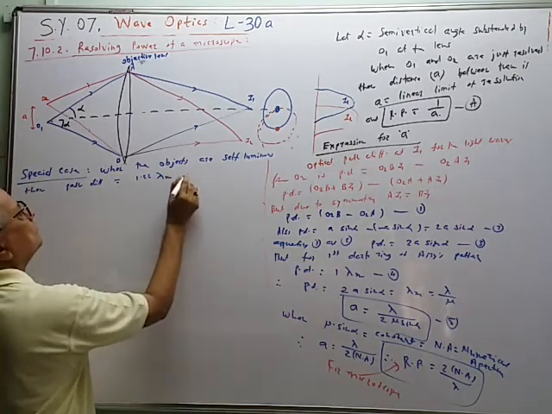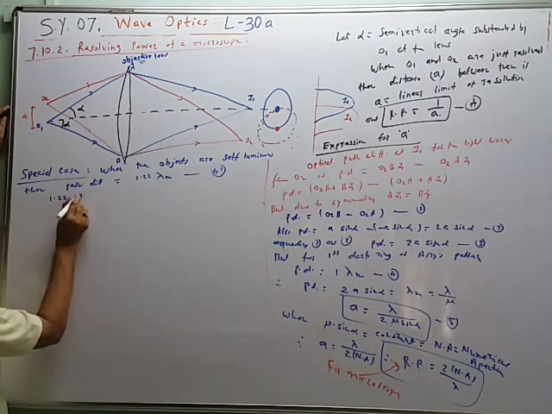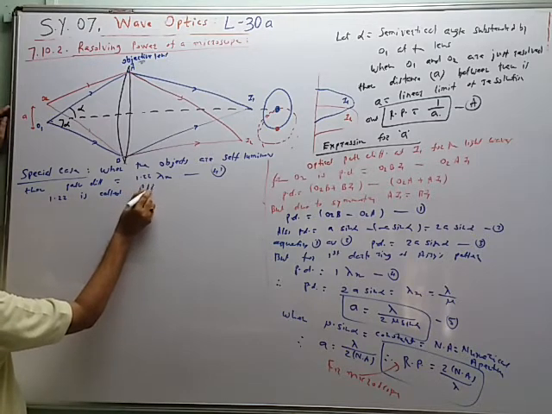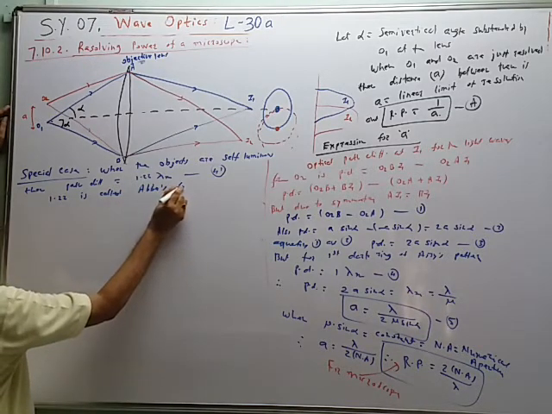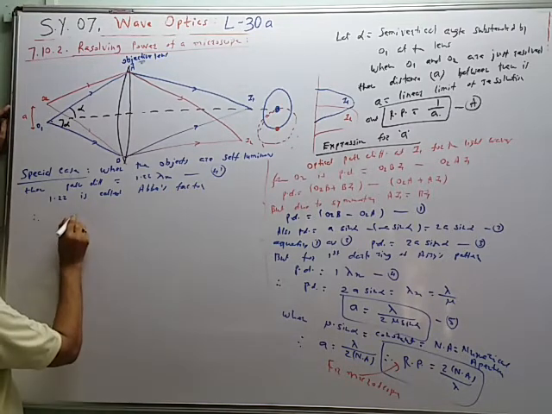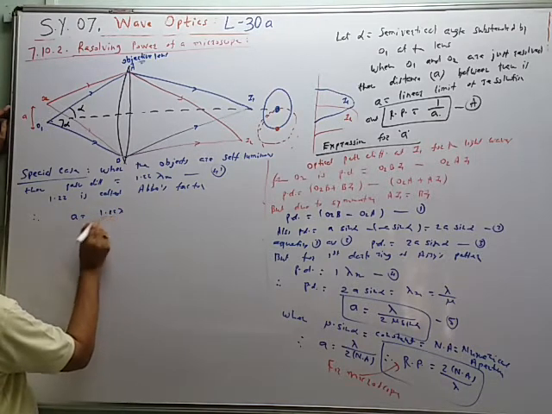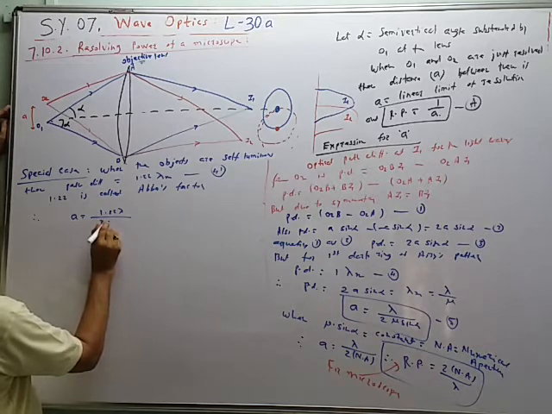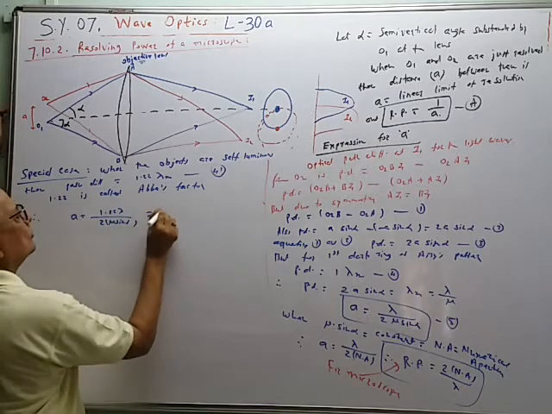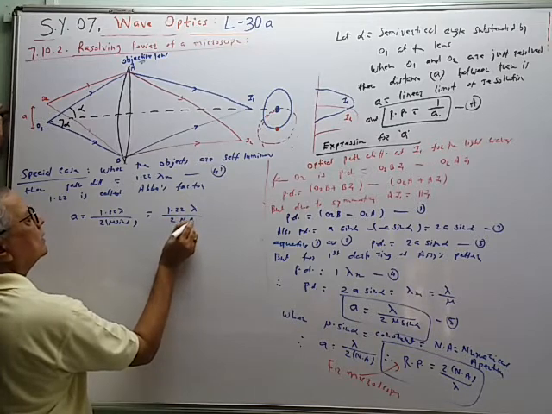This is equation 4 dash. 1.22 is called Abbe's factor. Abbe is the name of the scientist. Therefore, a is equal to 1.22 lambda upon 2 times mu sin alpha, which is equal to 1.22 lambda upon 2 times NA.